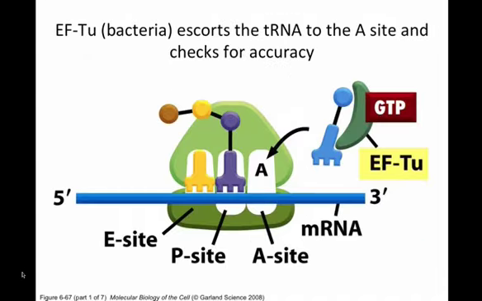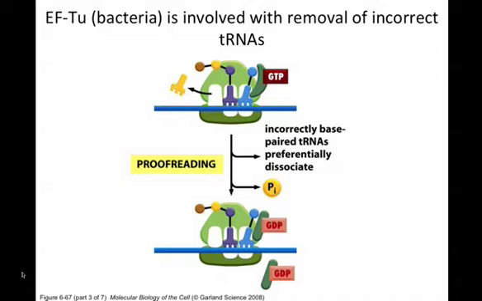Okay, so EF2 is escorting the tRNA to the A site. So that little, what is that, a green banana? It's escorting the tRNA into the A site here. It's GTP bound and it's checking for accuracy, and it's involved with removal of incorrect tRNAs.